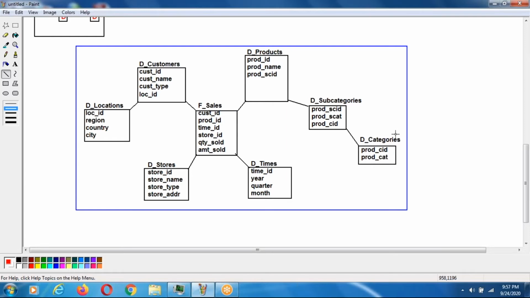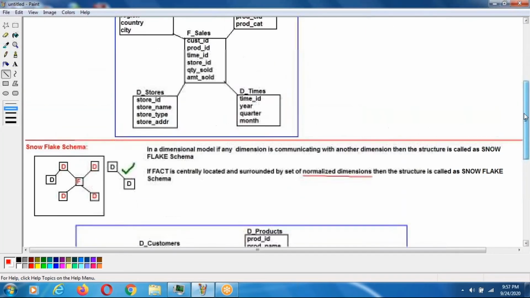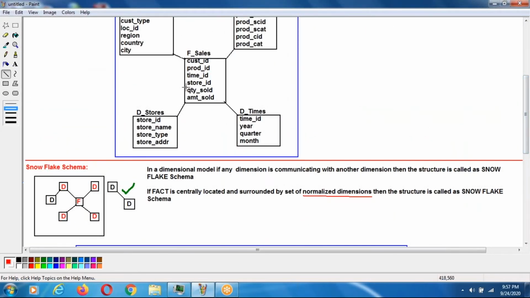But in general we simply say it consists of measures, along with keys, but there's no need to mention them. In my table, the measures are quantity sold and amount sold. The remaining four, customer ID, product ID, time ID, store ID, are foreign key fields or key columns of the fact table.